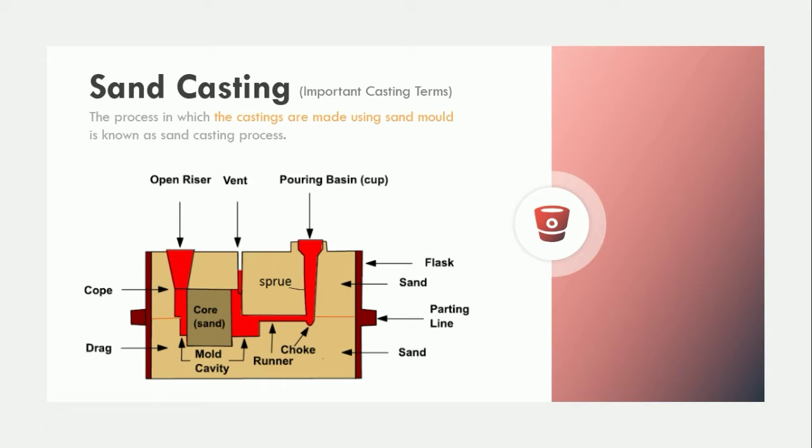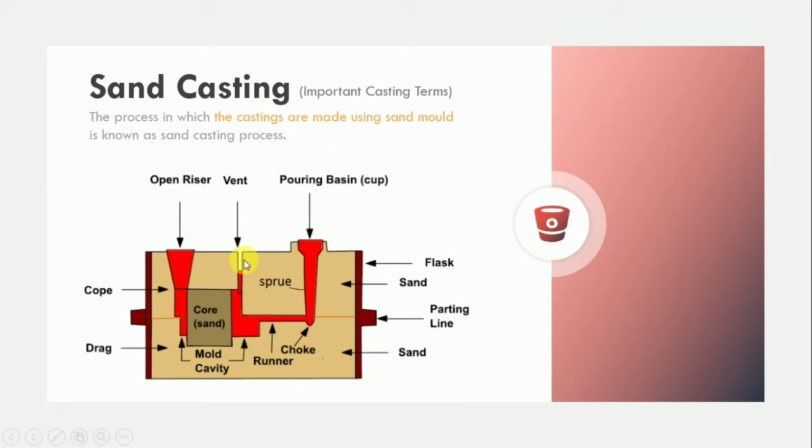The use of the riser is this: we pour molten metal through the pouring basin and that fills the mold cavity, and if some excess metal is poured, then that gets collected at the riser, which acts as a reservoir.